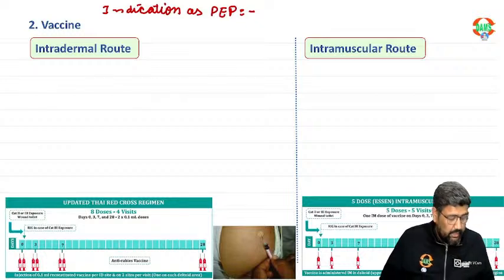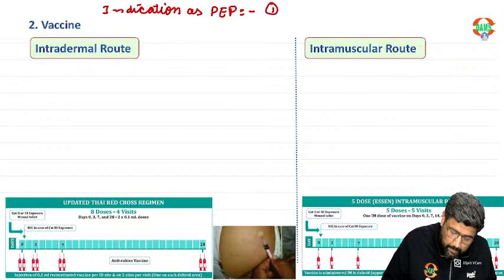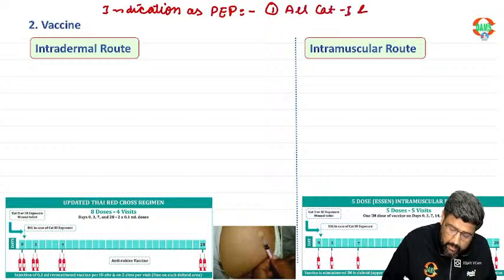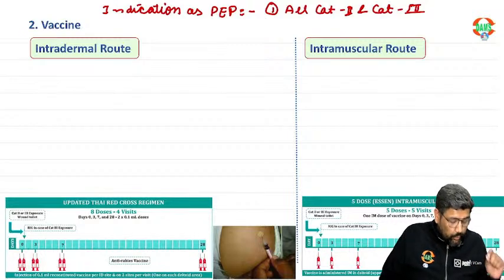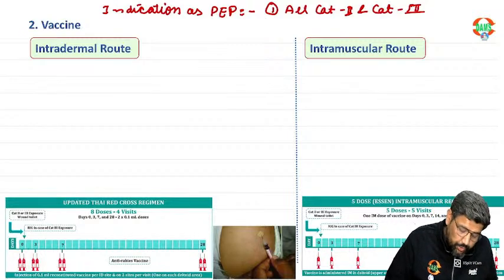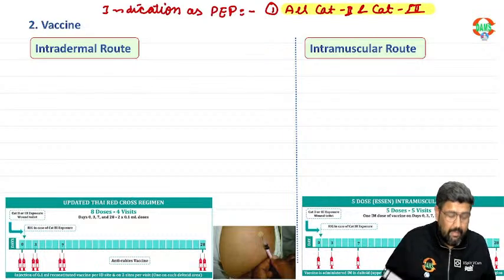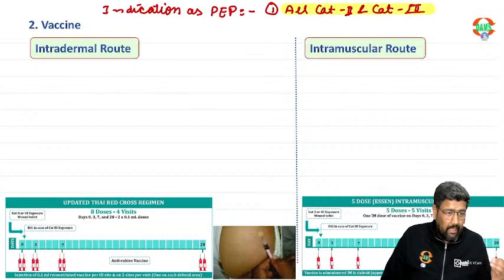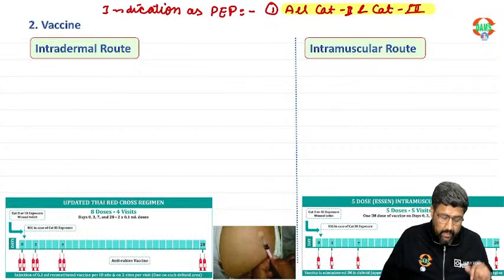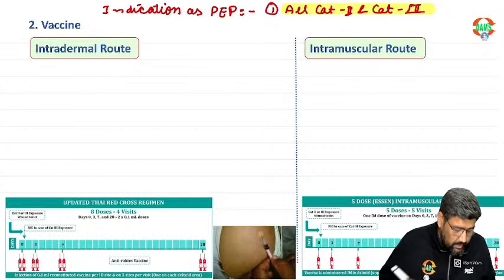Guys, quickly. Number 1, all category 2 and category 3 should get vaccine, irrespective of age, pregnancy, lactating, anything. Right? Now we have 2 available regimes.